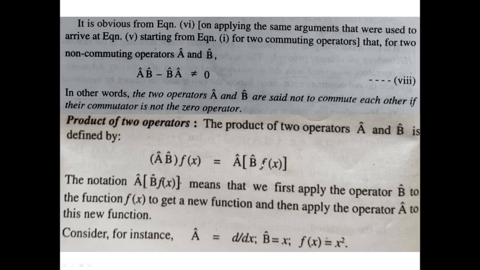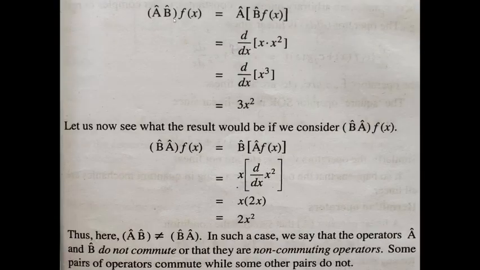So first we have to do this one. B operator we have already mentioned in the previous sum and differences of operators: B as x and f(x) as x square, and A operator is d by dx. So here A operator d by dx we have written, B operator's value is x and f(x) value is x square.